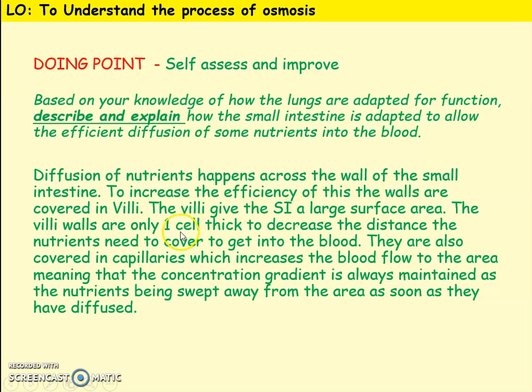The fact that the villi walls are only 1 cell thick will get you your third mark, and it helps the nutrients to get into the blood. They're also covered in capillaries, which increases the blood flow to the area. That's going to be your fourth mark. The area maintains the concentration gradient would be 5 marks, and for correct spelling, punctuation and grammar you will get a full 6 marks for that question.